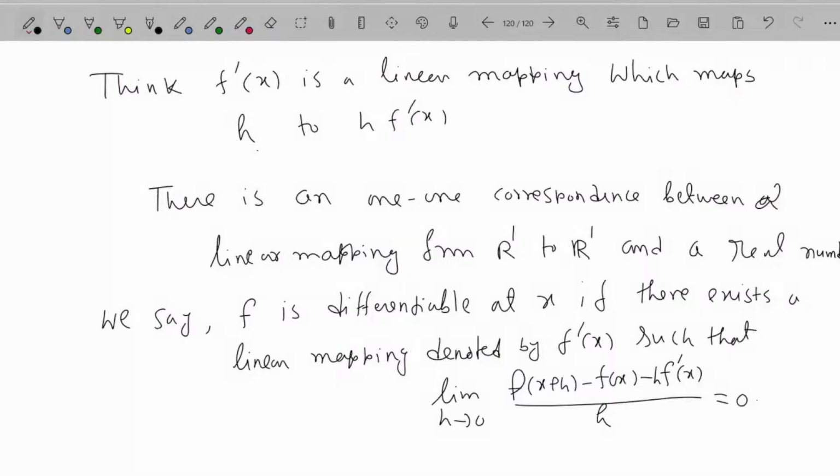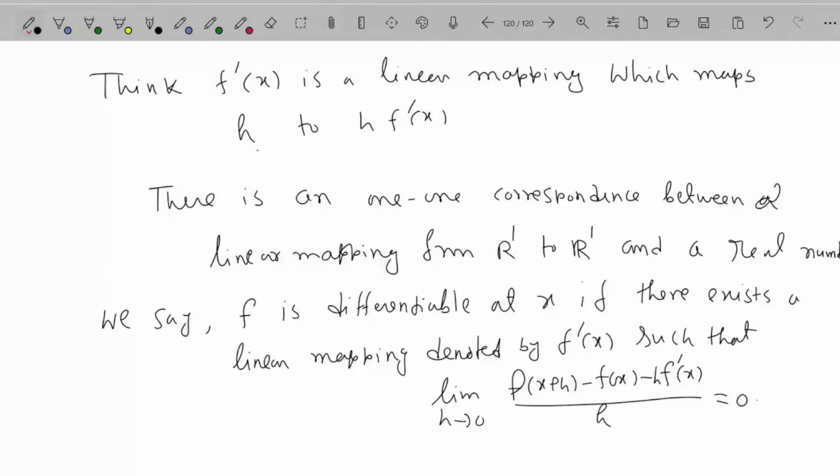Okay, so this is a number in R1. So that's a new way of seeing the function is differentiable at x. And obviously this linear mapping is now the derivative of the function at the point x.